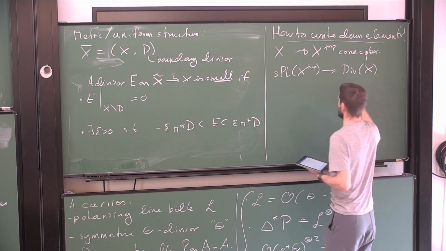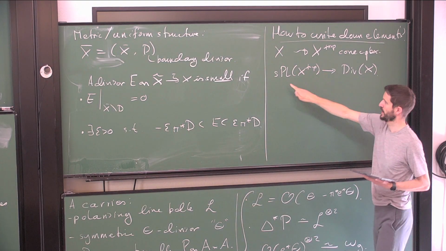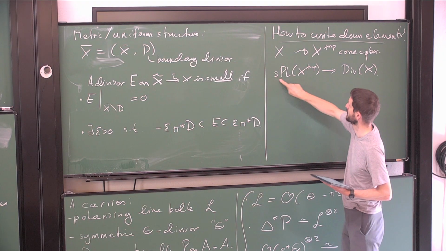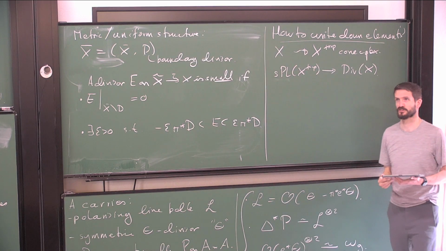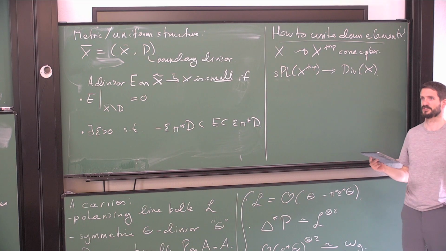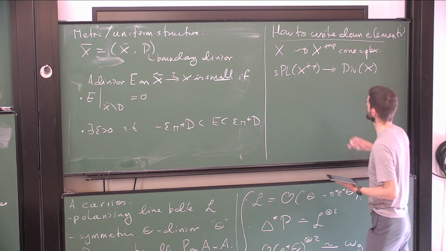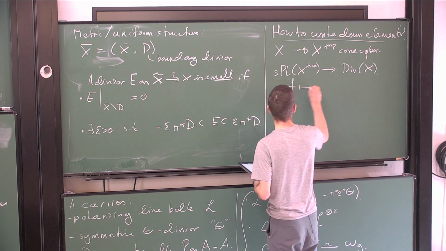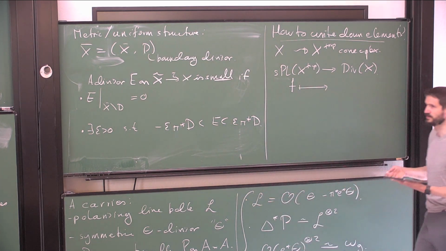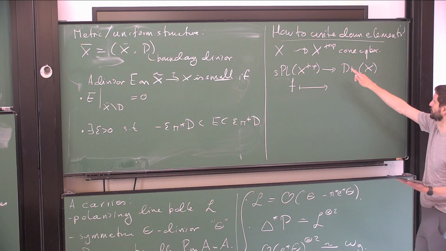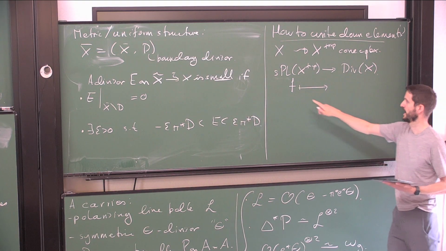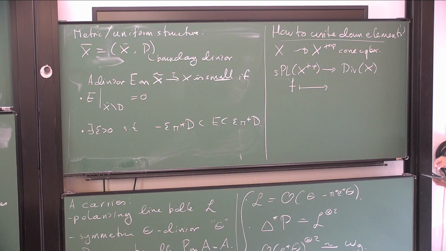so if I have a piecewise linear function on X trop, so S for me means strict. So these are strict piecewise linear functions on the cone complex, the piecewise linear functions that are linear on each given cone. This is the most restrictive sense of piecewise linear functions. If I'm given such a guy, then I just look at the values on the rays. The rays of the cone complex correspond to the boundary divisors here. I look at the values on the rays, and that gives me a divisor.